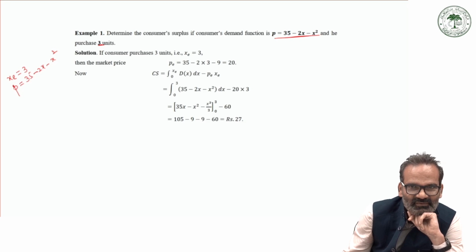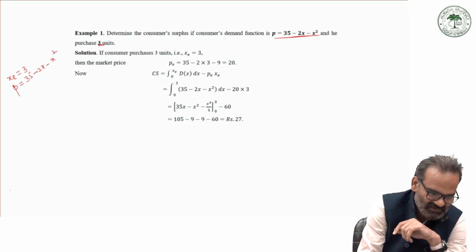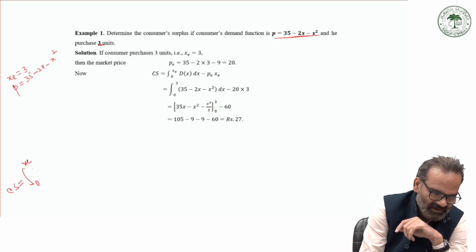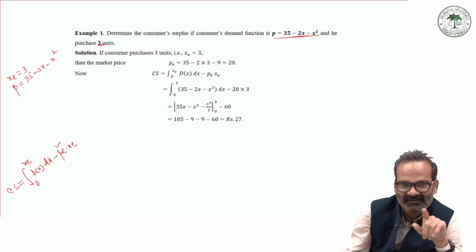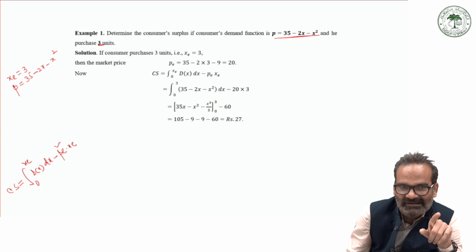What do we need to calculate further to determine the consumer surplus? The formula for the consumer surplus is: CS is the integral from 0 to XE of the demand function, minus PE into XE. So what is left? Calculate PE, the price of the quantity fixed by the market.